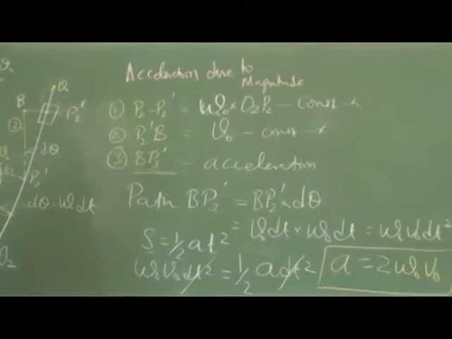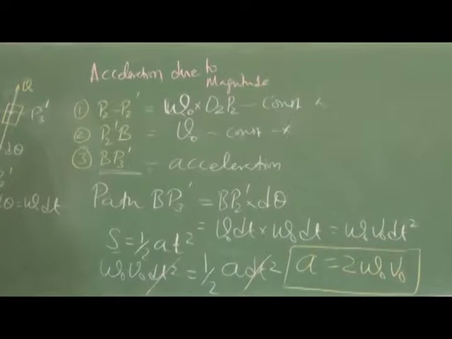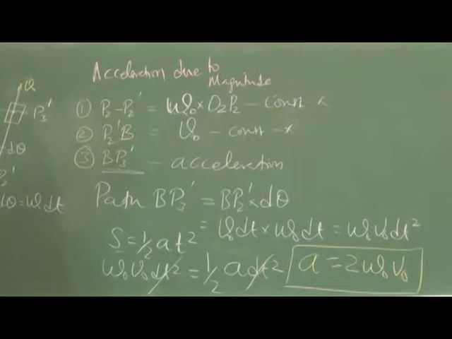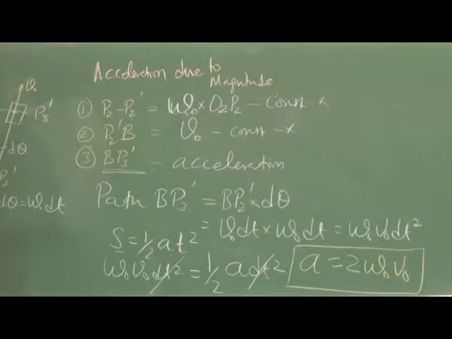So the Coriolis acceleration we have derived in at least 3 ways. One is by just taking the vector in a complex form, when you derive this, you automatically get this. We have derived it by taking the two velocities, finding the vector, where the centripetal acceleration and Coriolis acceleration come.